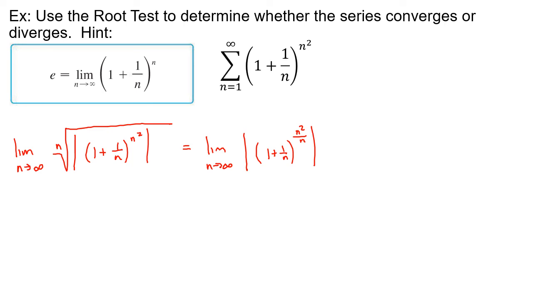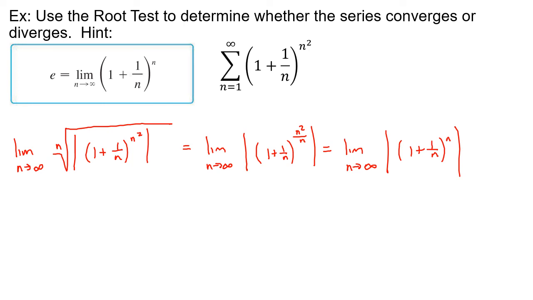The nth root, the n is your index. And so when you divide them, you actually end up with the limit as n approaches infinity of 1 plus 1 over n to the n power. That is my definition up here on the top.